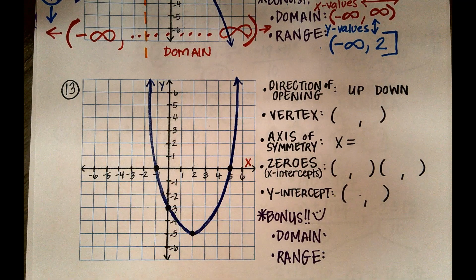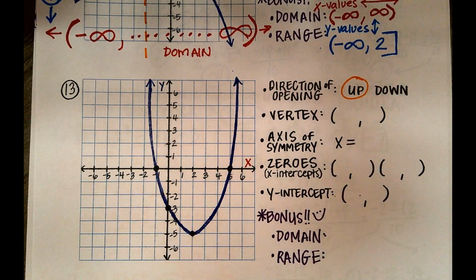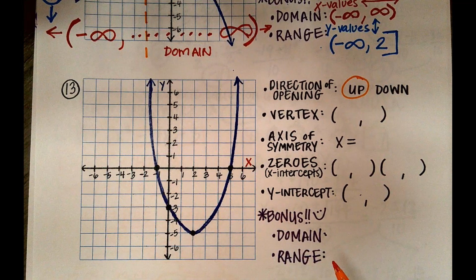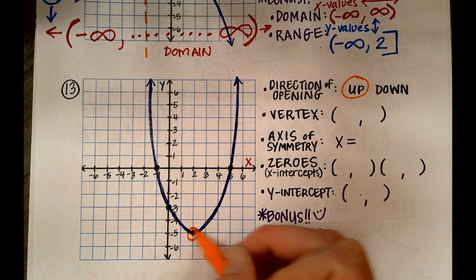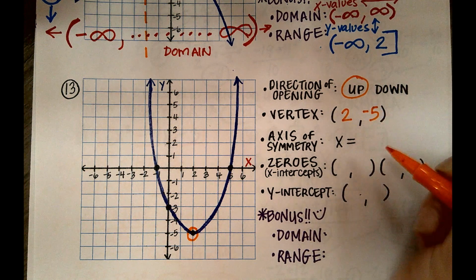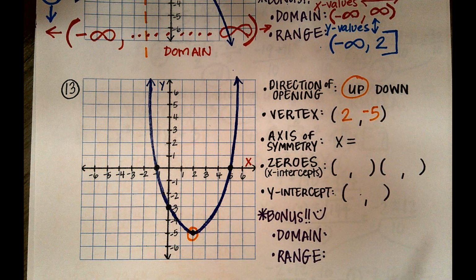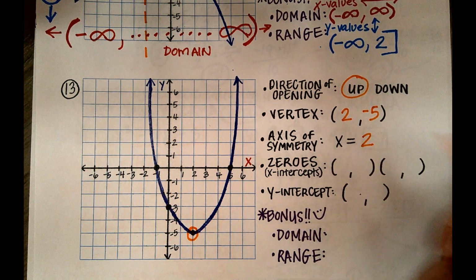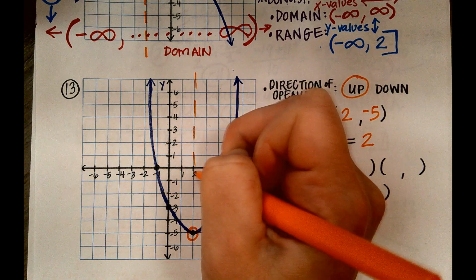Go ahead, Natalie. Vertex, I put 2, -5. Perfect. And axis is 2. Goes through 2.